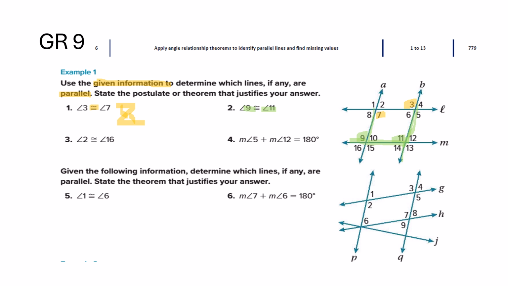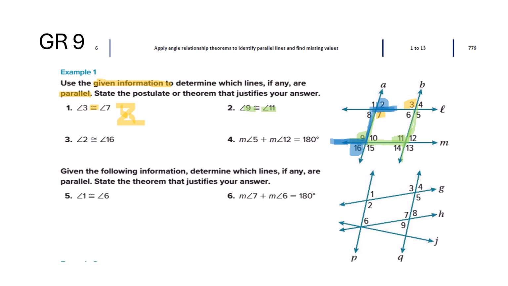Angle 2 and 16. Let's quickly look at angle 2 and 16. Here is angle 2 and here is angle 16. They are alternate exterior angles, right? You can see the Z being formed there. Alternate exterior angles. Number 4, angle 5 plus angle 12.